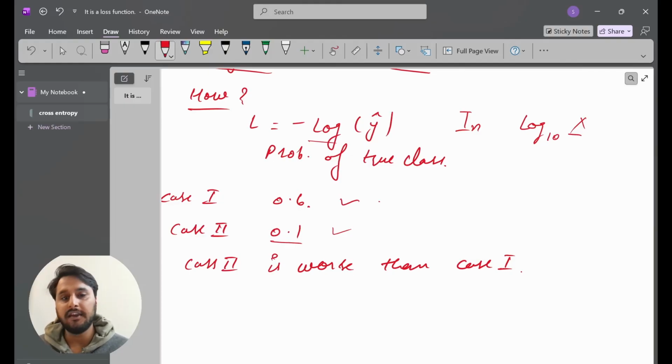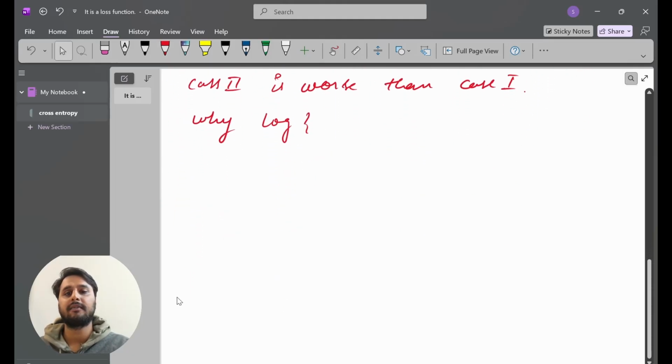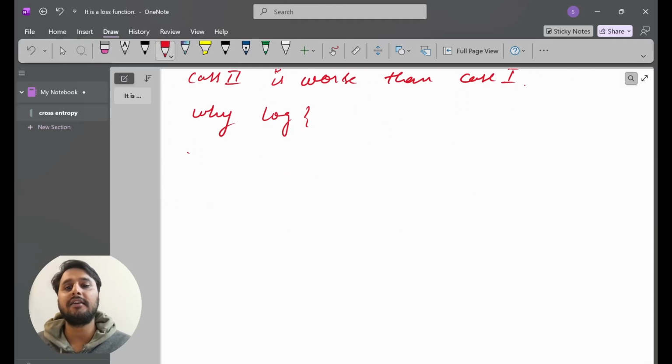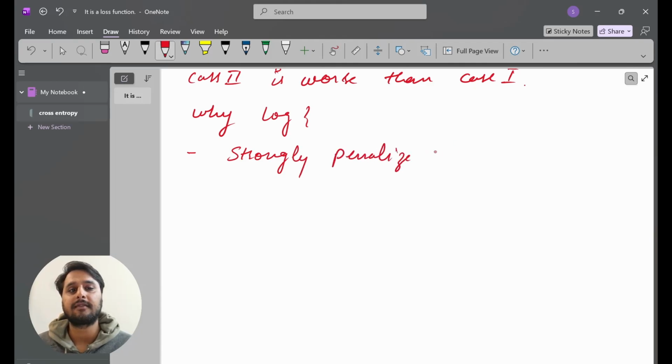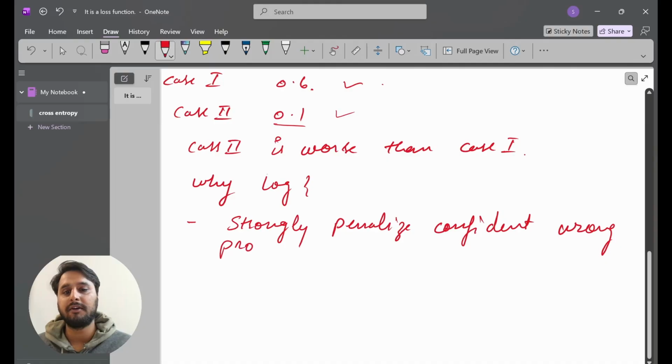Now there is one more question. Why log? There are two reasons. The first reason is to strongly penalize confident wrong probabilities.